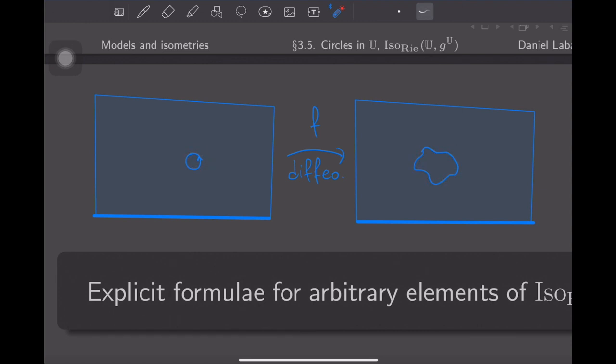And my intuition is, if it matches, then I say that F preserves the orientation. And if it doesn't match, if here I have this one parameterized counterclockwise, but this turns out to go around the bounded part clockwise, then I say, okay, it doesn't preserve the orientation.